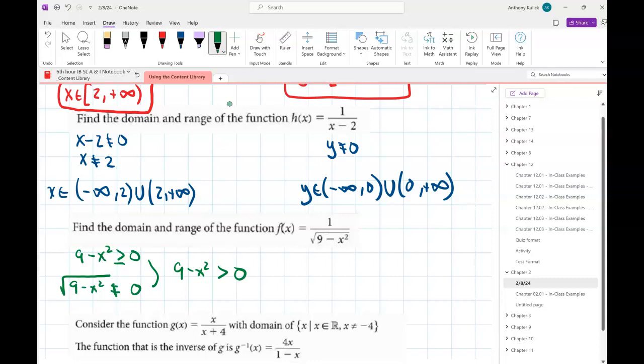Everybody's okay there? Now this is tricky because it's a quadratic. So this is the way that I suggest doing this, kind of in an inequality where you have a quadratic, is I'm going to begin by factoring that quadratic.